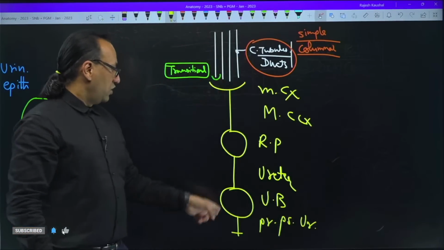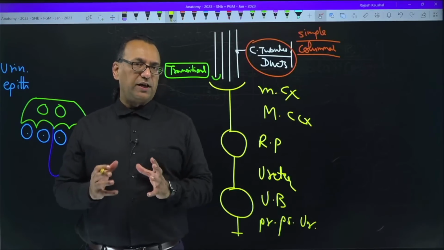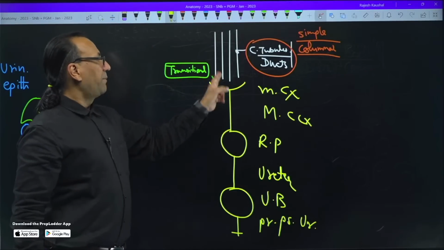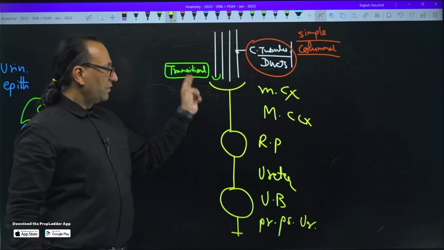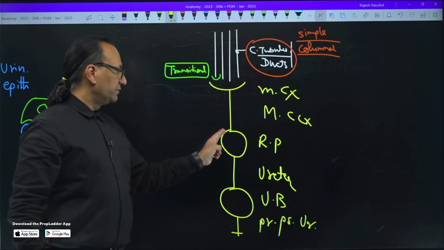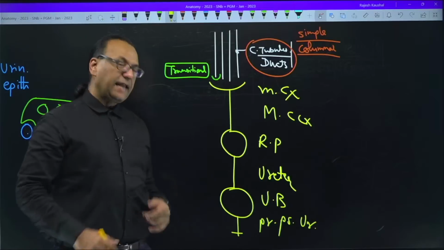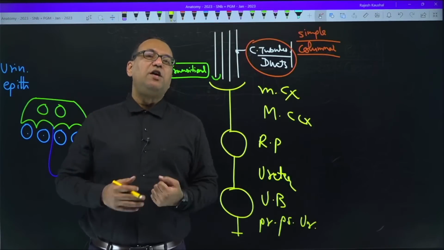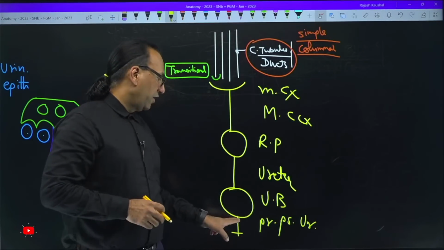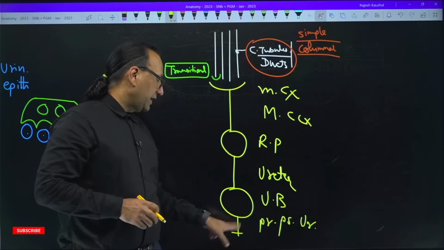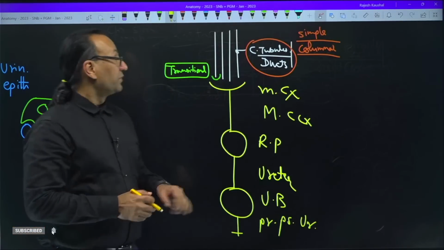So where all do you have transitional epithelium? It is at the tip of collecting ducts, then minor calyx, major calyx, renal pelvis, the ureter, urinary bladder, and proximal prostatic urethra. In a female you can just say the proximal urethra will have transitional epithelium. After that the epithelium changes actually.